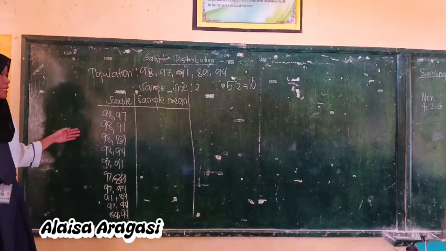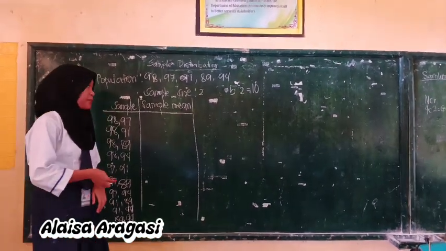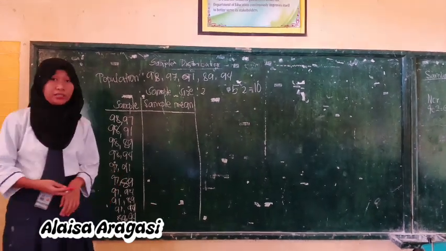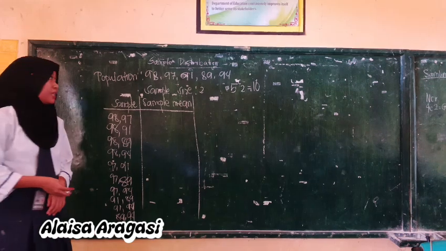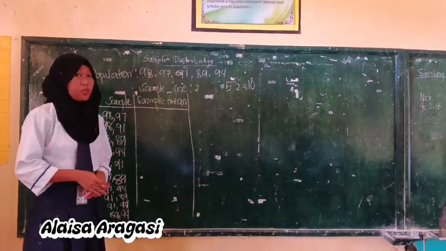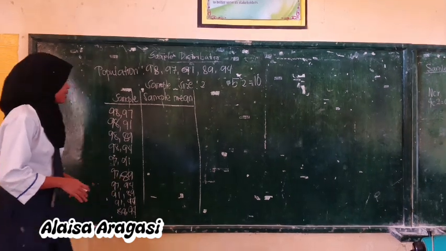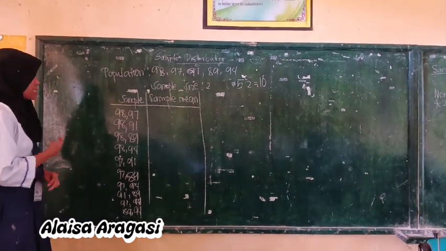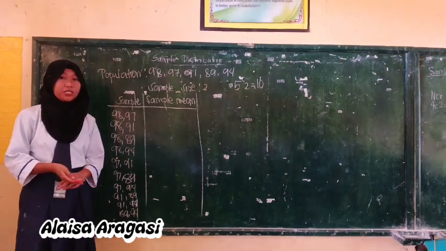So this is a total of 10 samples. But before you proceed to step 3, please check carefully if there's a repeated number. As I said earlier, in sample distribution, the repetition of numbers does matter. Since there's no repeated number, let's now proceed to step 3.